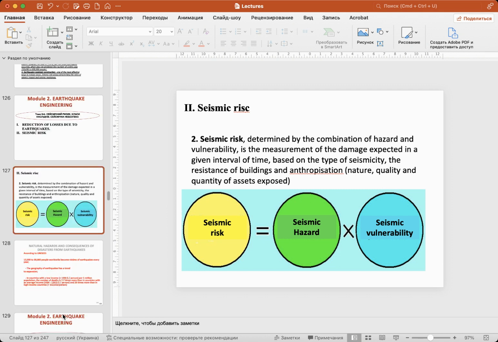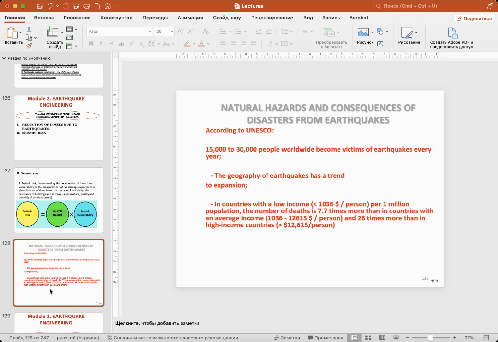But as an example of the importance of that, I want to give an example of seismic risk in the poorest countries.